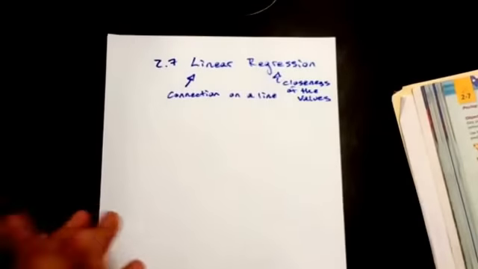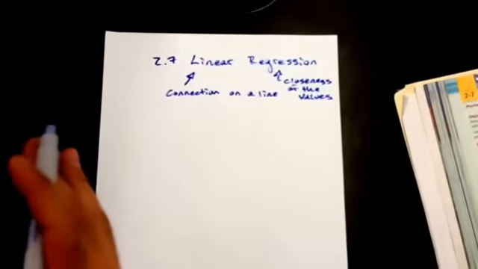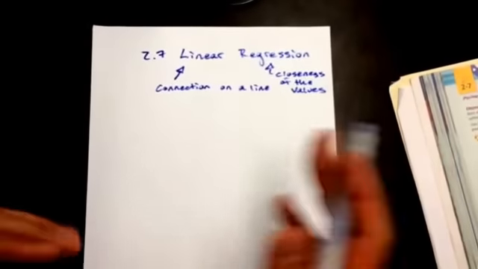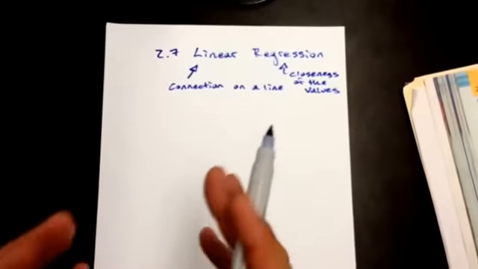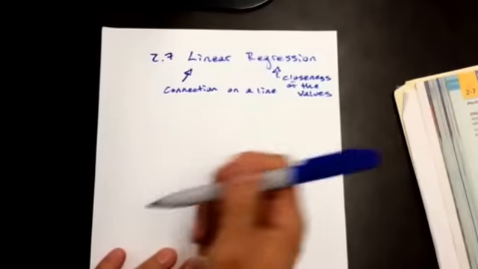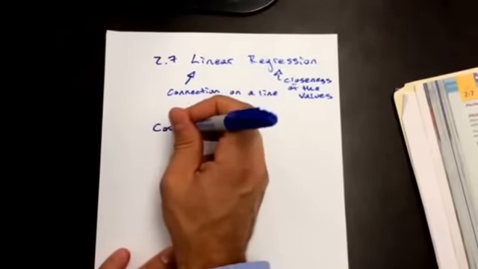So we looked at yesterday, we looked at the scatter plots, and we said if it had a positive correlation or a negative correlation, we talked about strong or weak. Linear regression is really if it is strong or weak. So we have a value, we're going to call it the correlation coefficient.